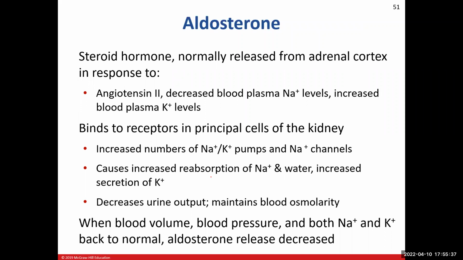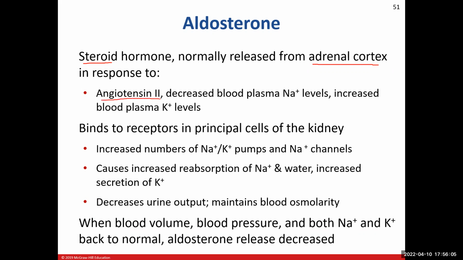Okay, our next hormone that we're going to talk about is aldosterone. This is a steroid hormone, and it is produced in the adrenal cortex of the adrenal gland, right? It is a mineralocorticoid, and it is going to be produced in the outermost layer, the zona glomerulosa. Right? And so what triggers the response of aldosterone? Well, here we go again.